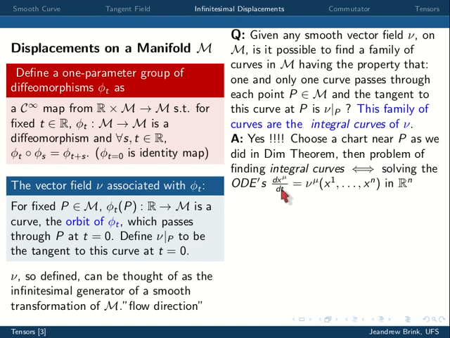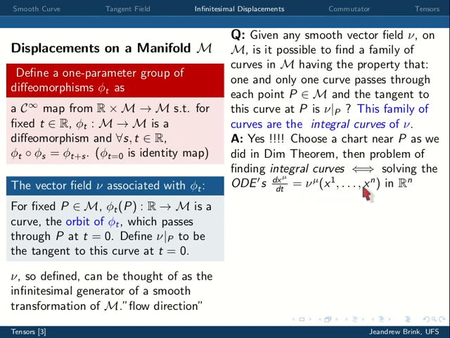Remember we connected the tangent vector with the manifold's components, with the tangent vector on the Rn where the chart maps it to actual real physical components. And we simply say this problem of finding the integral curves on the manifold is the same as solving ODEs where the derivative of the coordinates of the point on the chart equals the vector field that you've specified.